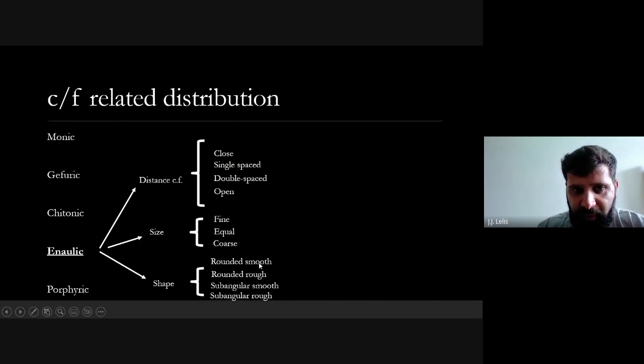Okay. Generally, we describe the enaulic CF ratio according to the distance between the coarse fraction, and they vary from close to open.